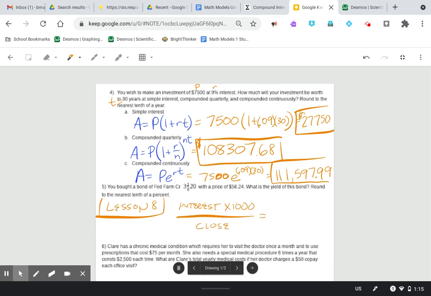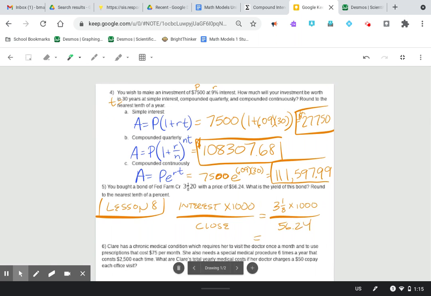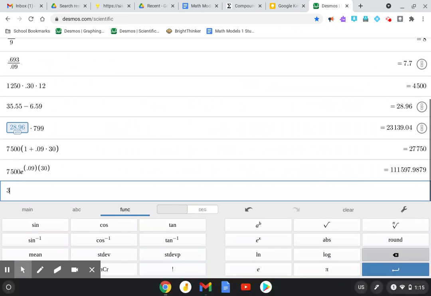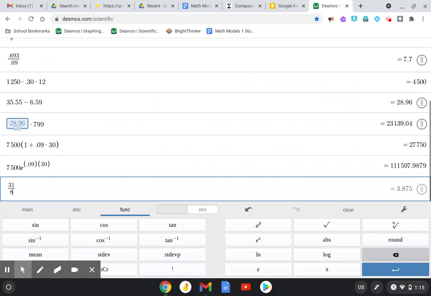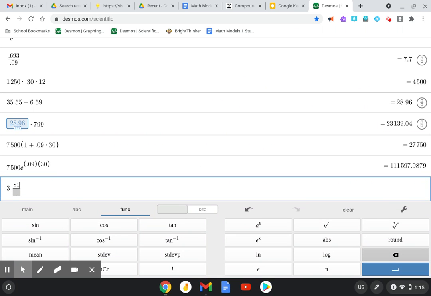So here we have 3 and 1/8. So we're going to do 3 and 1/8 times 1,000, and we're going to divide it by 56.24. That's going to give us our final answer. So we're going to go do that in the calculator. That's going to be 3 plus 1/8.